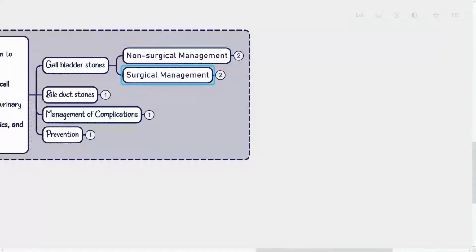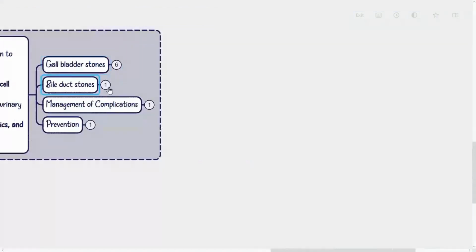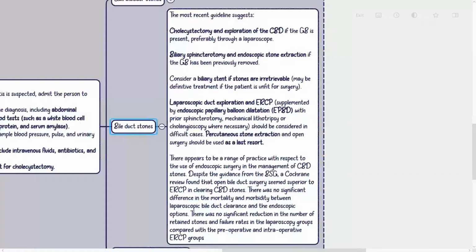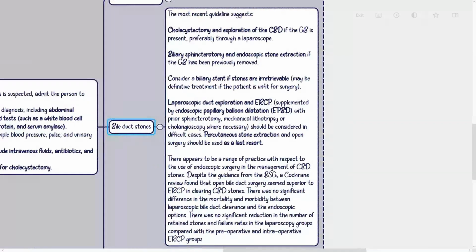Bile duct stones management. The most recent guideline suggests cholecystectomy and exploration of the CBD if the GB is present, preferably through a laparoscope. Biliary sphincterotomy and endoscopic stone extraction if the GB has been previously removed. Consider a biliary stent if stones are retrievable, may be definitive treatment if the patient is unfit for surgery.